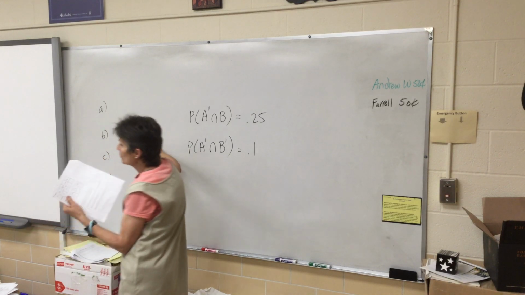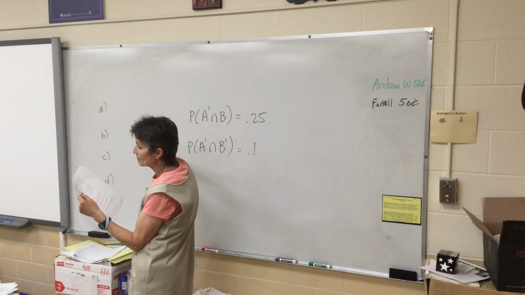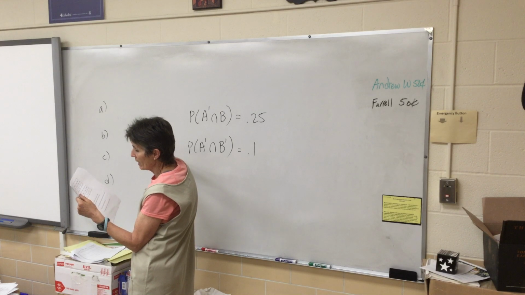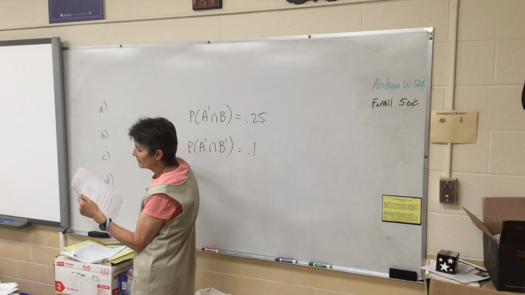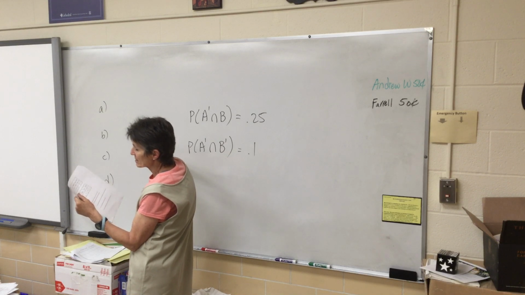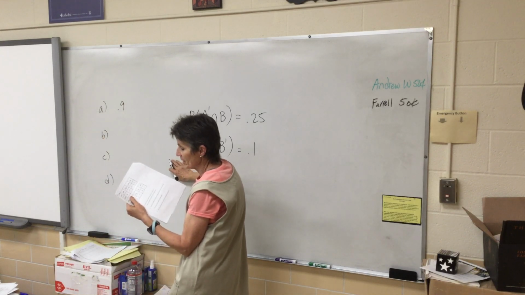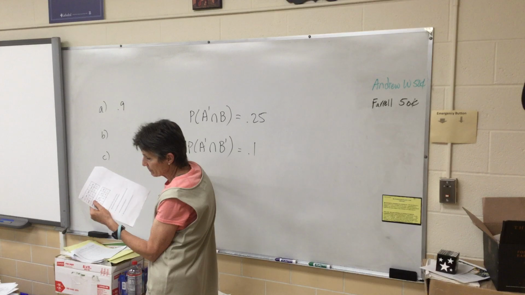All right. So, when we pick somebody out of class 1, the probability that person doesn't like science is 0.9. Those are the non-science people. Everybody except science.